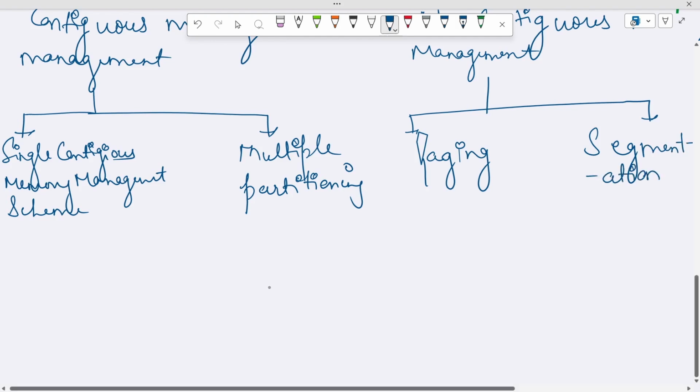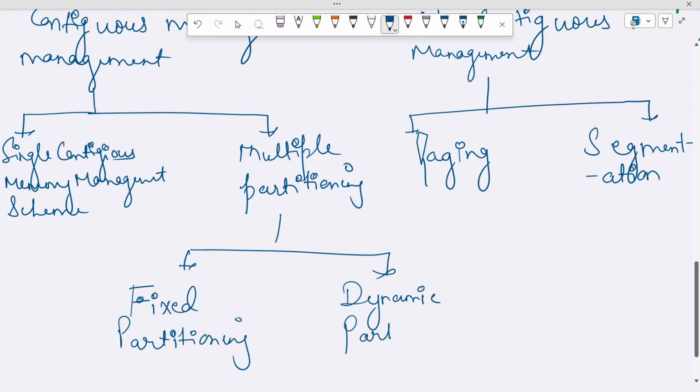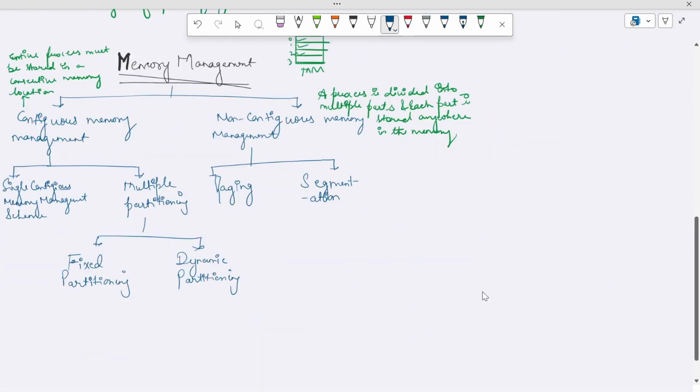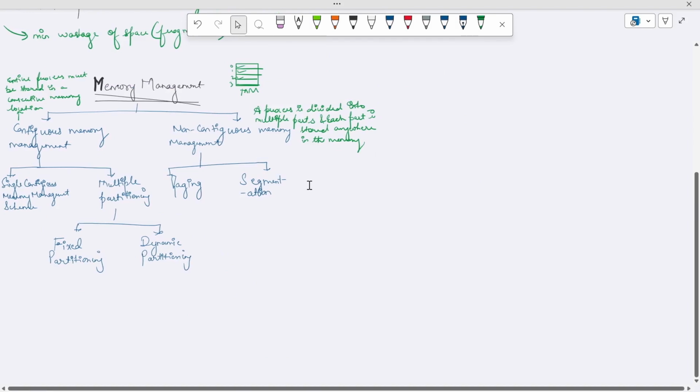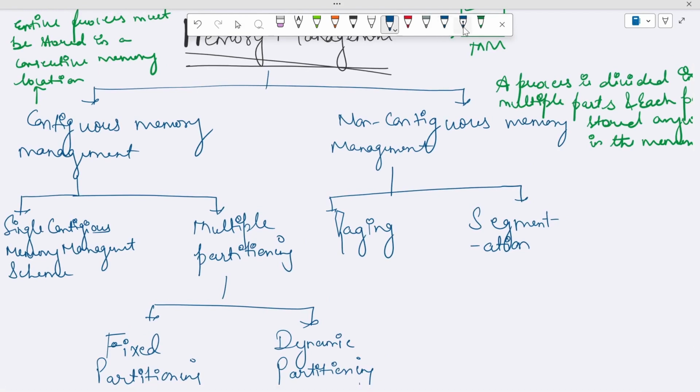Now, multiple partitioning is divided into two parts: one is called fixed partitioning, and the other is called dynamic partitioning. So this is what the tree looks like. This is how the memory management tree looks: contiguous, non-contiguous, single contiguous, multiple partitioning, paging, segmentation, fixed partitioning, and dynamic partitioning.